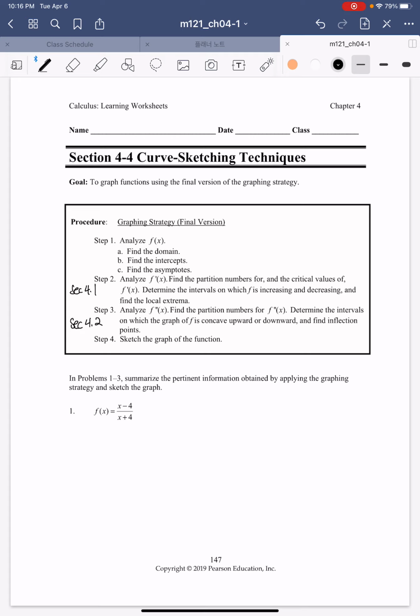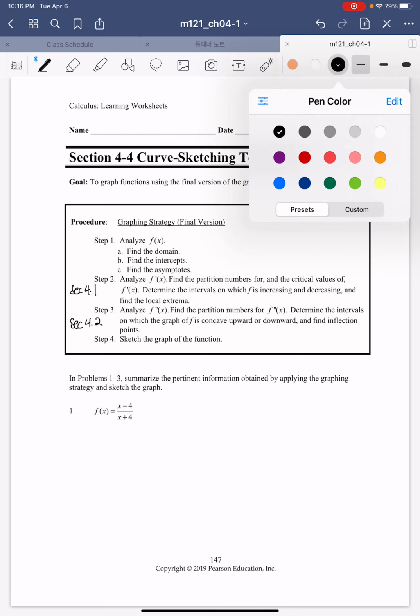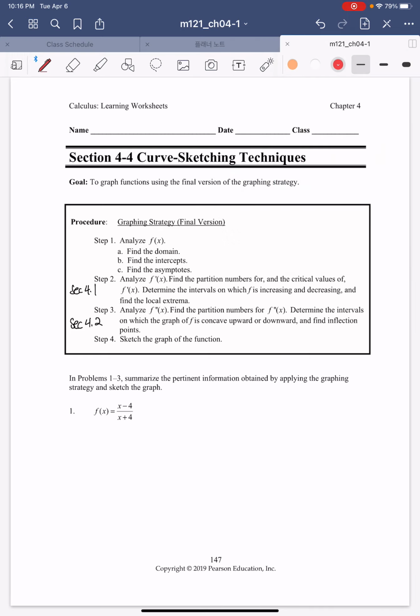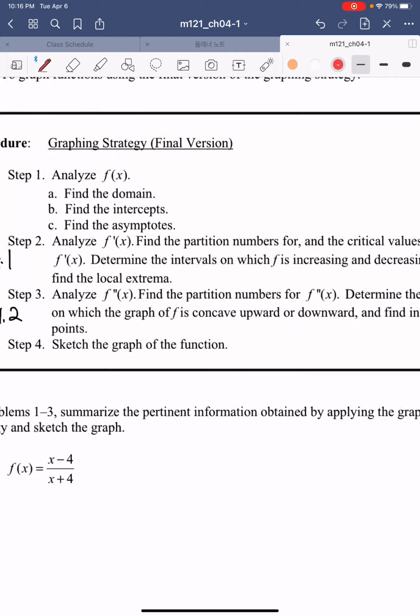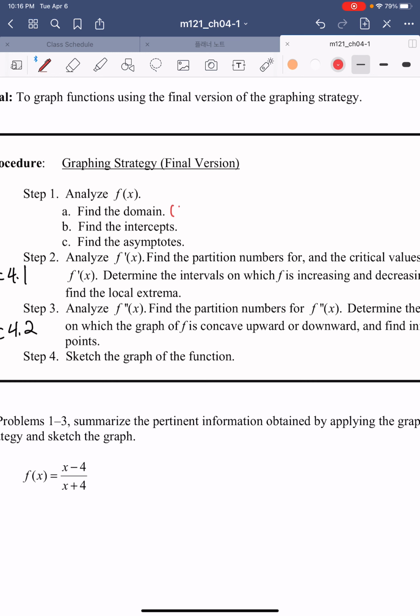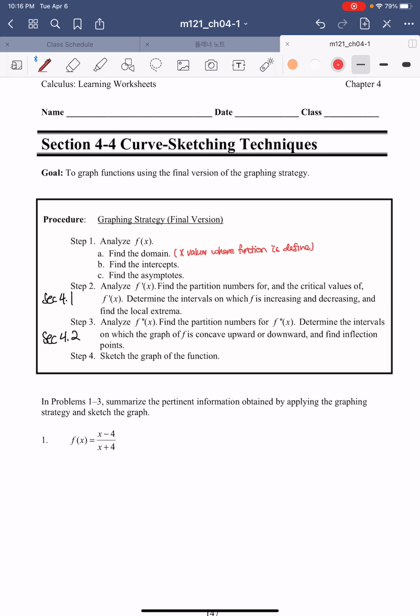Now let's quickly review. To find the domain, how do we find the domain? The domain is where the function is defined, right? So these are the x values where the function is defined. Then intercepts, there are two intercepts.